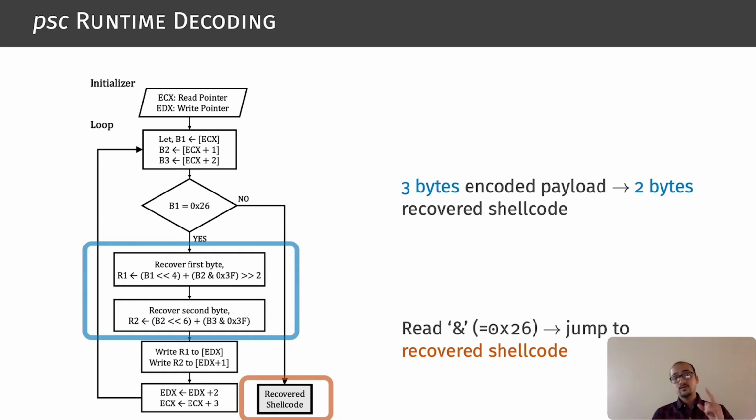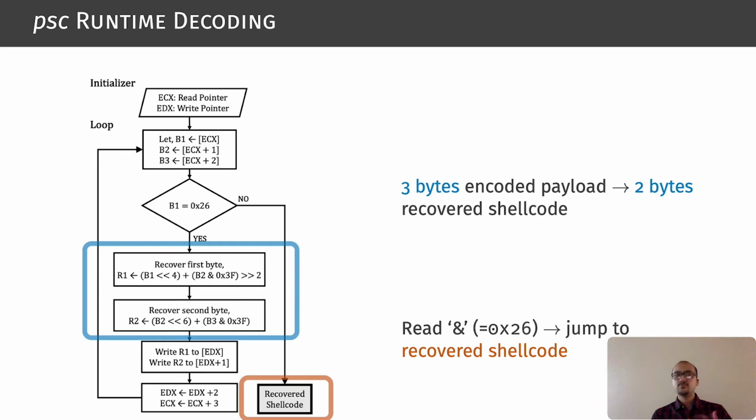When the decoding loop encounters this ampersand, or ASCII 26 character, it realizes that it has completely recovered the original shellcode, and it just jumps over to the memory location where it had been recovering the original shellcode. The encoder from the previous slide actually appends an ampersand to the end of the encoded payload.